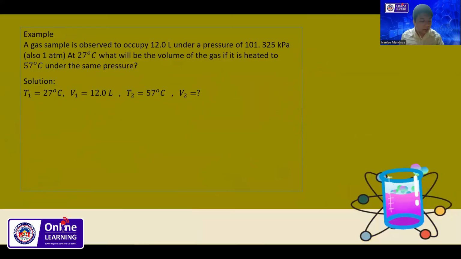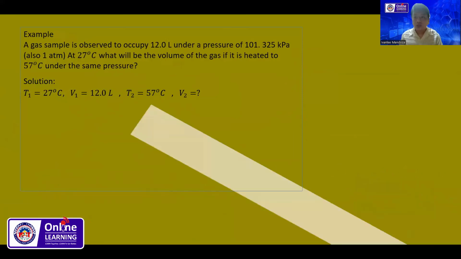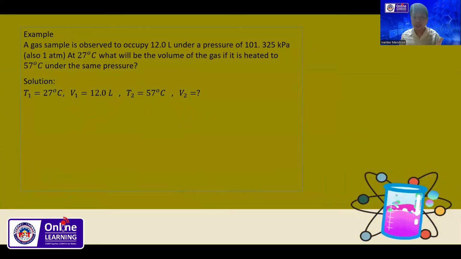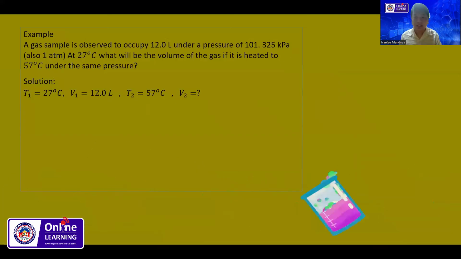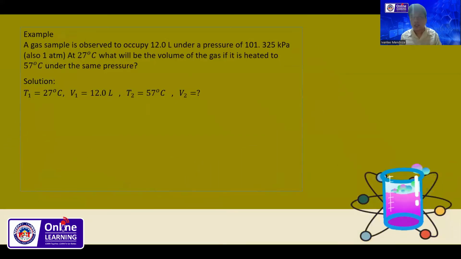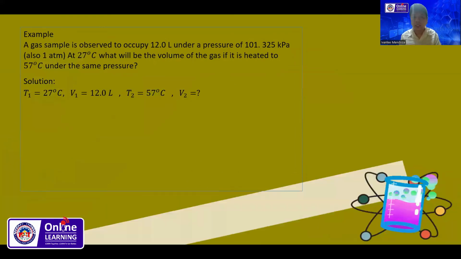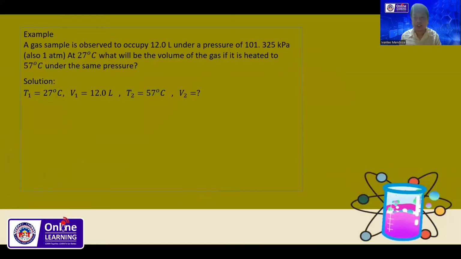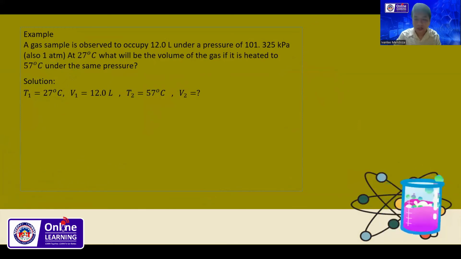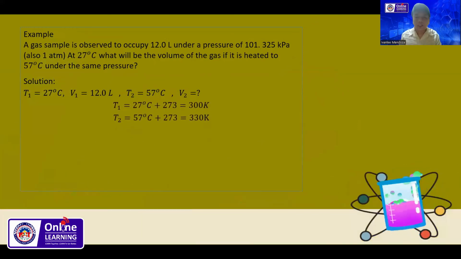The next step, as we said earlier, is to express the temperatures in absolute temperature, in Kelvin. So we need to convert temperature 1 and temperature 2 to Kelvin.